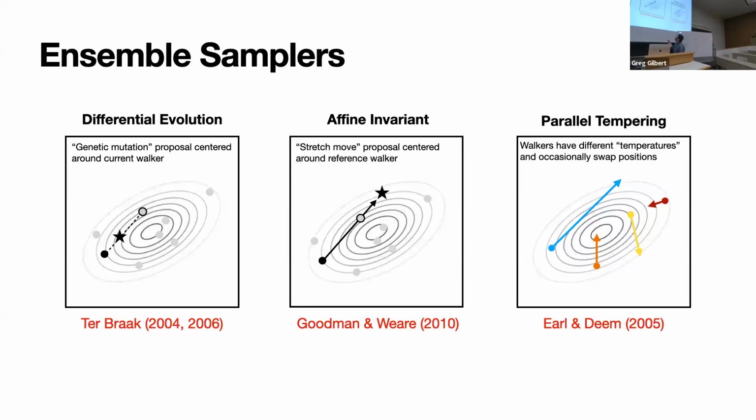Affine invariant sampling does a very similar thing, except instead of moving around the position of the current walker, you're taking this walker and then you're moving around the position of the reference walker. For anyone that's used Foreman-Mackey's emcee package, which is a lot of people, it's very, very popular. It's over 10,000 citations the last time I saw it. That's an affine invariant sampler.